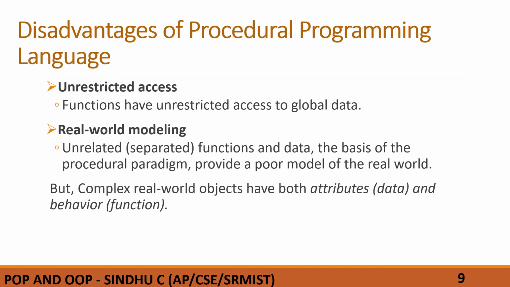So we have certain disadvantages when it comes to procedural oriented programming languages. One is all the data can be accessed anywhere by any function in the program, which is called unrestricted access. We cannot restrict which function cannot access which data. So that is a disadvantage. Secondly, we cannot do real world modeling.